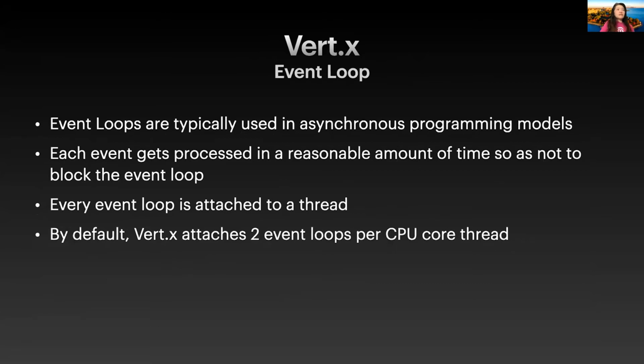Event loops are typically used in asynchronous programming models, and each event gets processed in a very reasonable amount of time so that you're not blocking the event loop. And every event loop is attached to a thread. By default, Vert.x attaches 2 event loops per CPU core thread.